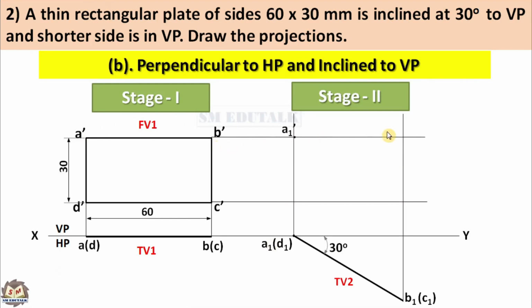The b dash line and B1 line intersect to create B1 dash. The c dash line and C1 line intersect to create C1 dash. Finally, the d dash line and D1 line intersect to create D1 dash. Join these four points by a thick line. You get the front view in stage 2. The length of this rectangle is less than the length of the previous rectangle. That's why this rectangle is called the apparent shape and the previous one is the true shape.